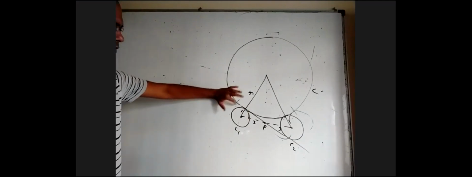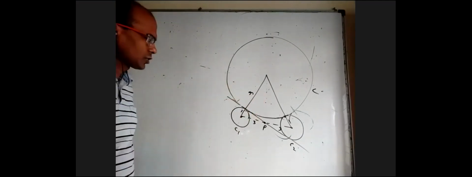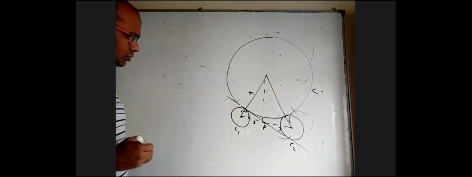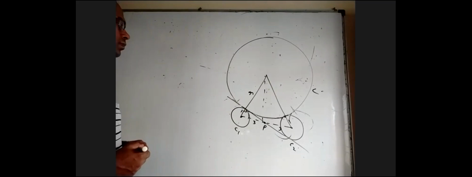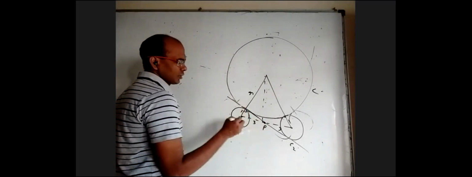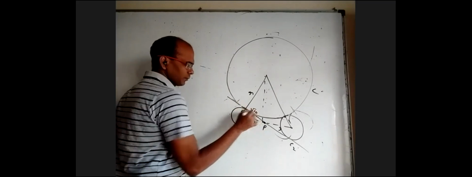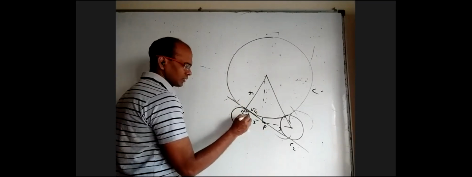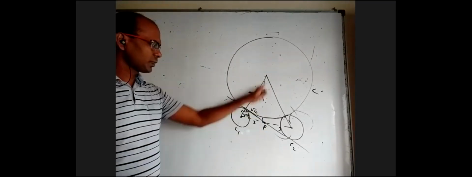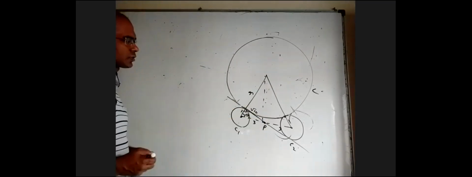Here touching we used it, here touching we used it, and what else can be there? This angle is 90, I have to use it somewhere, and then I have to find this radius. I know this length. This is 3, this is 1, so this should be root 10. And I can take this angle theta and then just find it. Yeah, this triangle and the big triangle are similar. That is good enough for us.